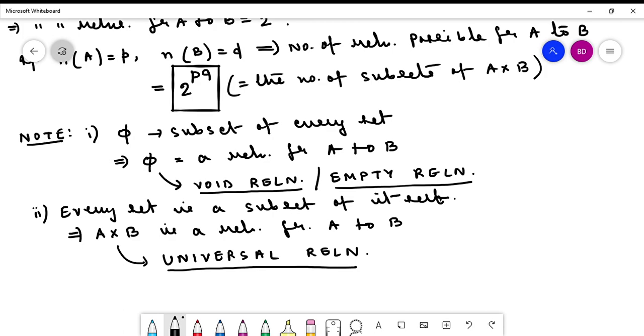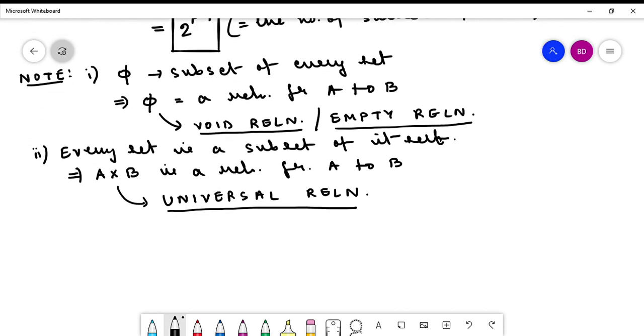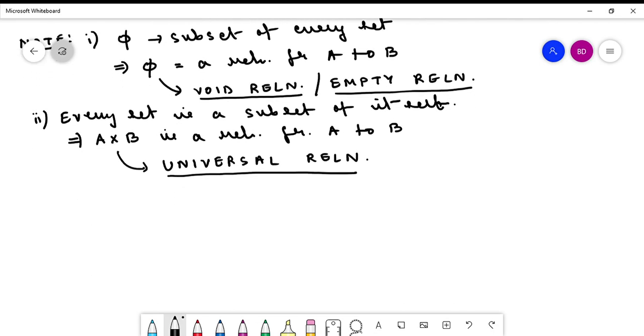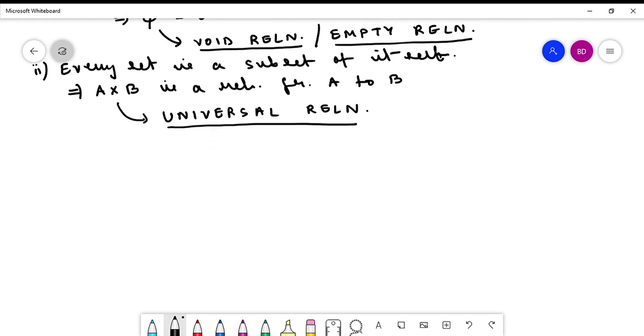Now, next we'll try to understand what we mean by domain and range of a relation.